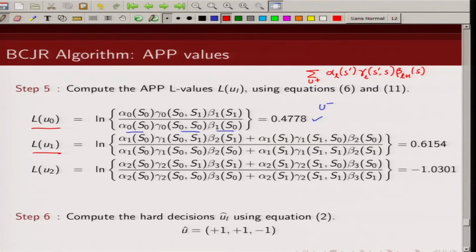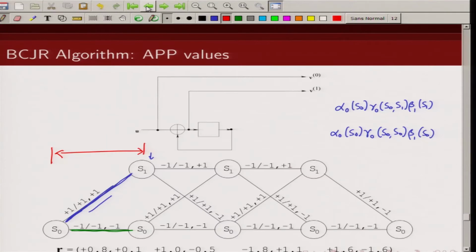For the second time instance, we are interested in estimating the information bit. So, we are now looking at this time instance. Now, what are the transitions corresponding to ul being plus 1? One of them is this, where the information bit is plus 1 when you go from s 0 to s 1, and another transition is this one.